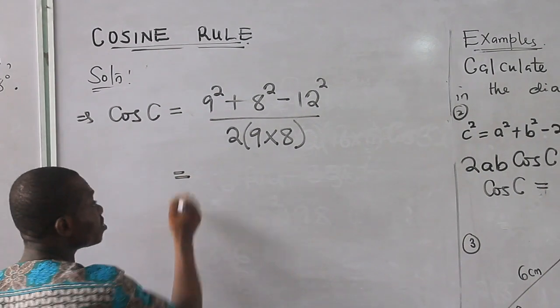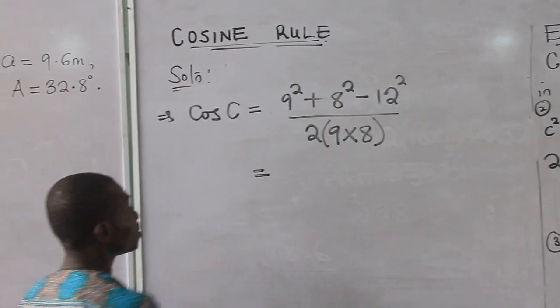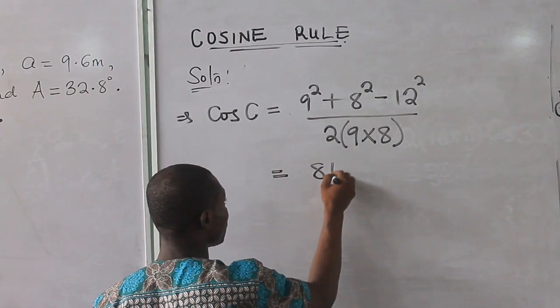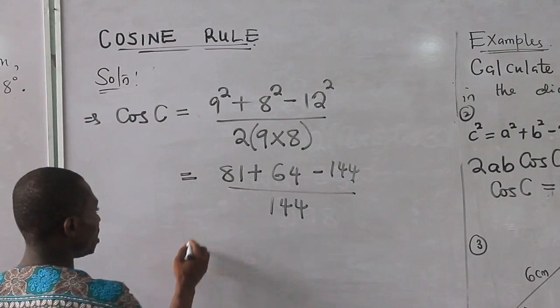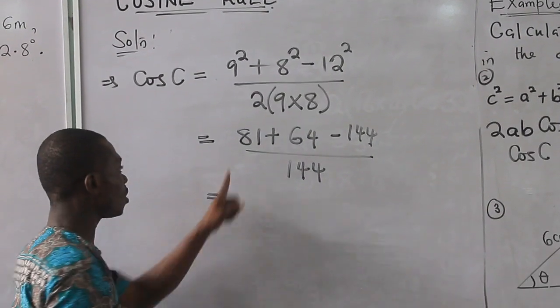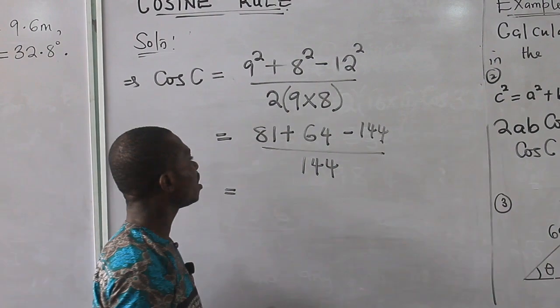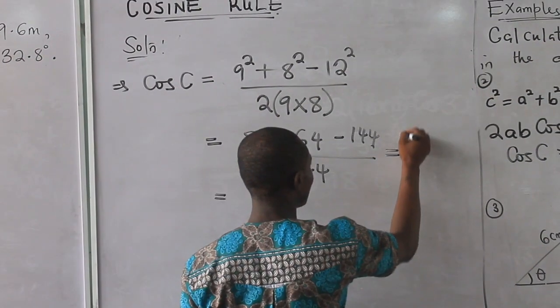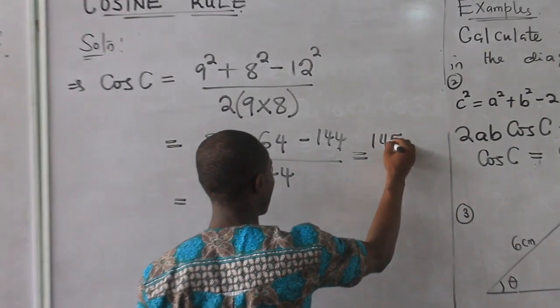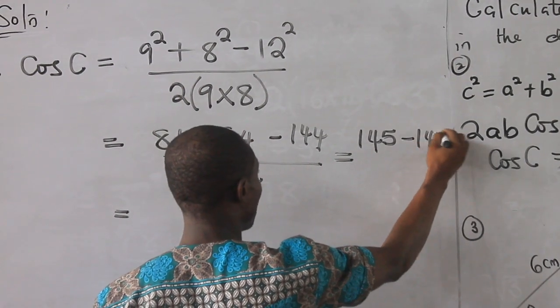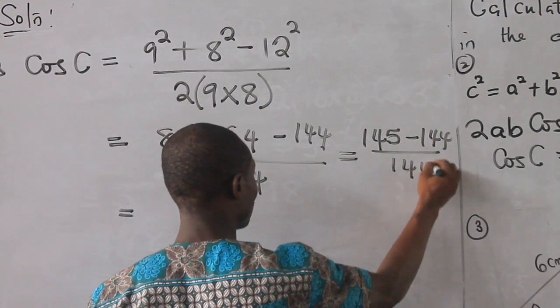Alright, so this is going to give us what now? 9 squared is 81. Alright, and if we subtract now, so 81 plus 64, so that will give us 145 minus 144 all over 144.